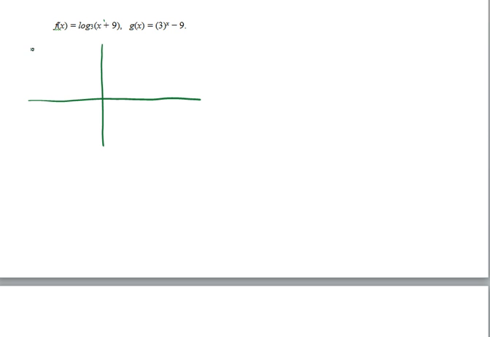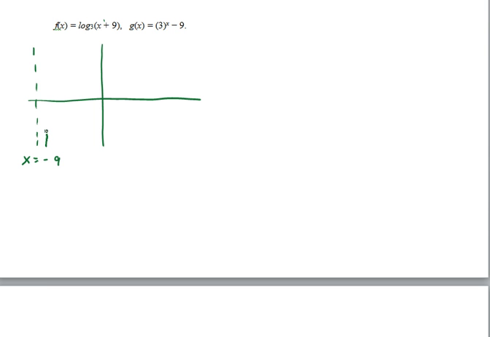That's going to move our basic function 9 units to the left, and the vertical asymptote will be at x equals -9 for the log function.